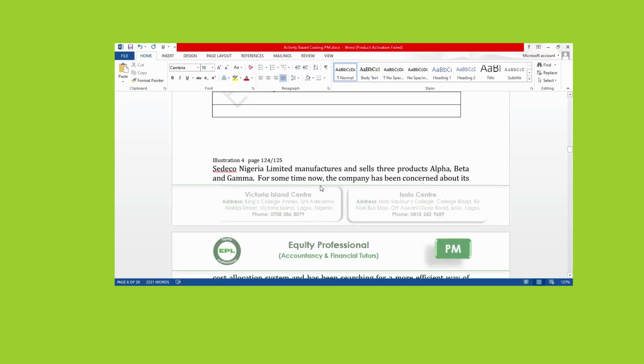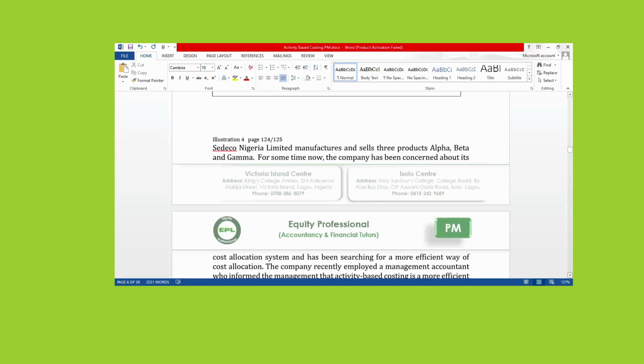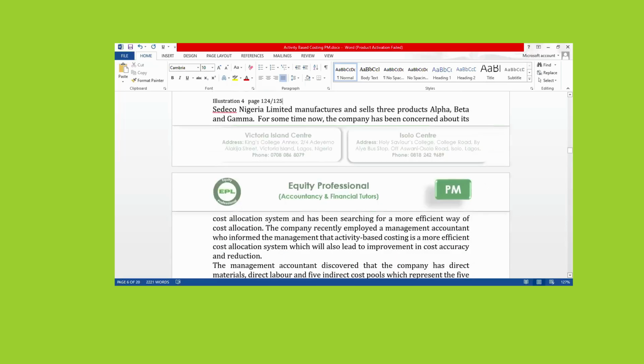For some time now, the company has been concerned about its cost allocation system and has been searching for a more efficient way of cost allocation.